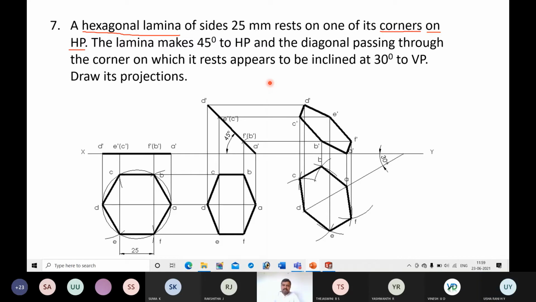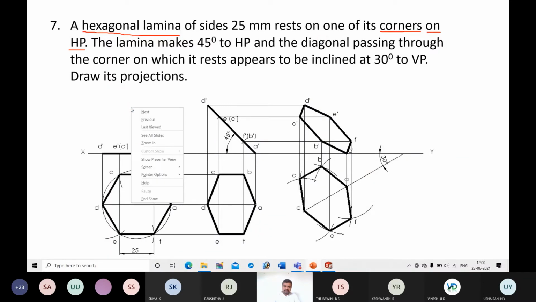From the beginning I am telling you, if the problem says appears to be inclined at 30 degrees, that is the term used to represent a false angle. Appears means actually it is something else, but it looks like it is inclined at 30 degrees. Looks like means appears, that is false inclination. Given inclination is false means obviously you will have a false length of diagonal.